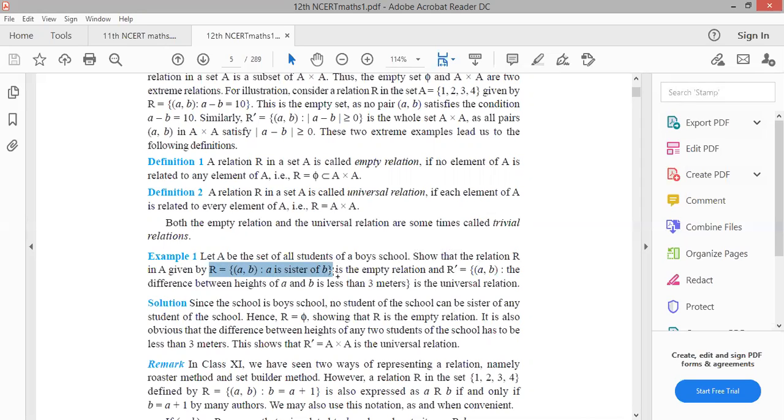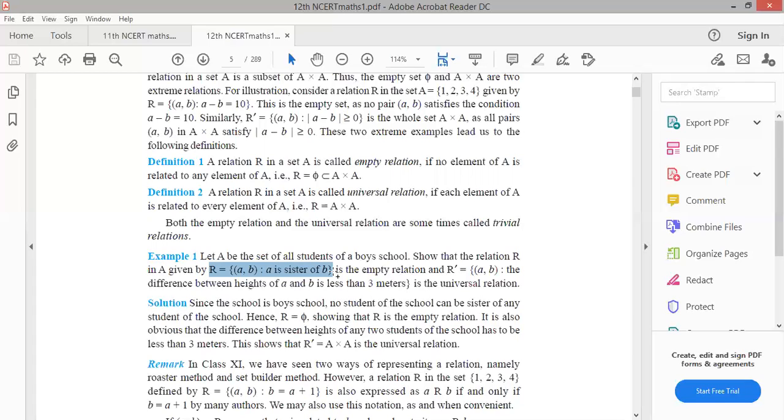So such a type of relation does not contain any element because there is no student who is a sister of any other student. So such a type of relation is an empty relation.